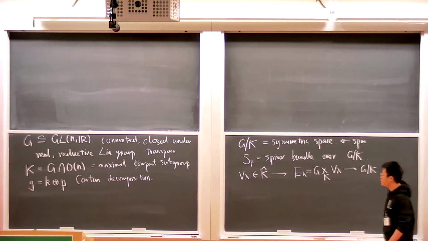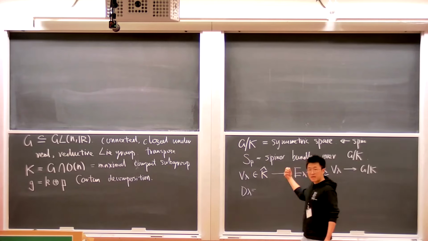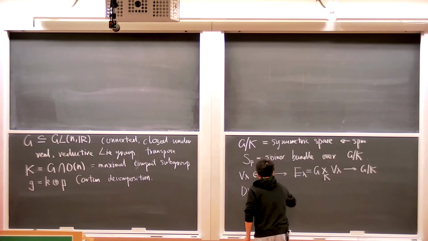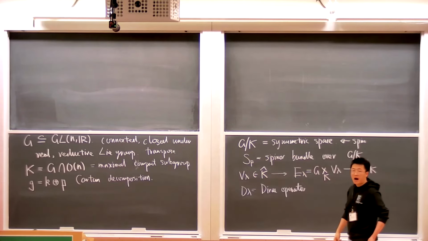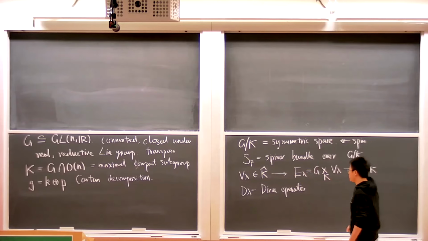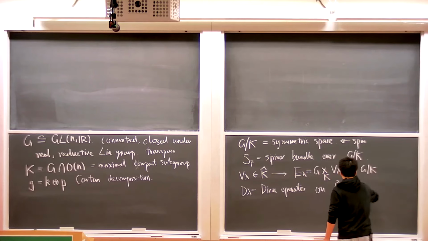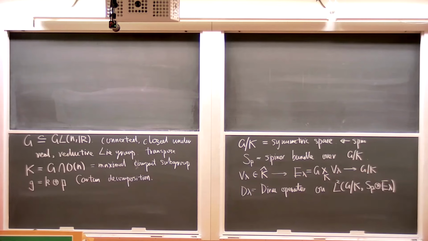And I will denote by D lambda the Dirac operator, because I assume this manifold is spin. It is the twisted Dirac operator, twisted by this vector bundle, acting on L2 of G mod K of SP tensor E lambda.